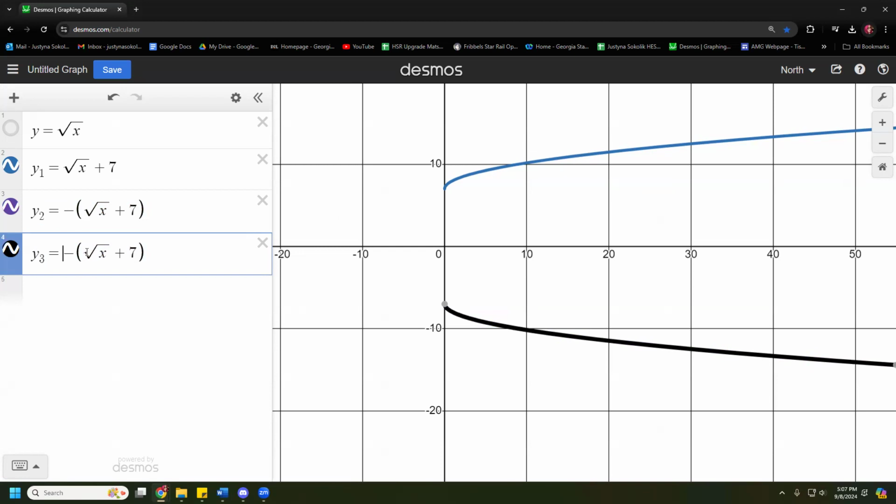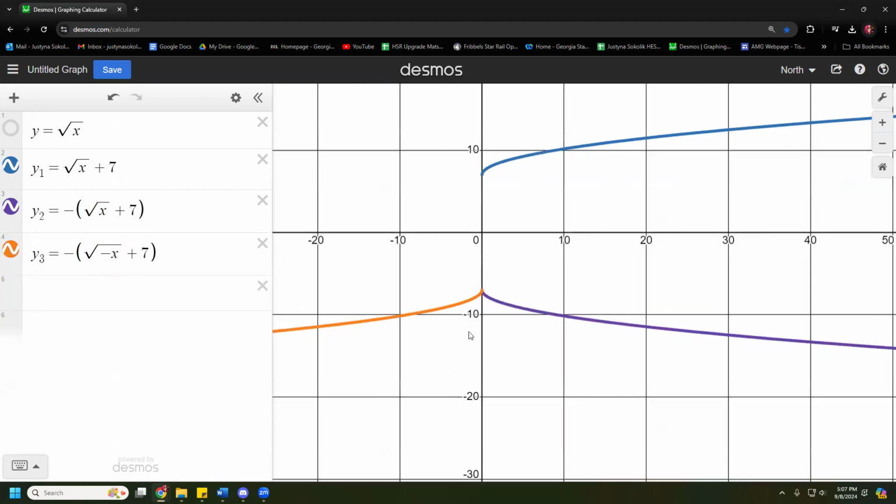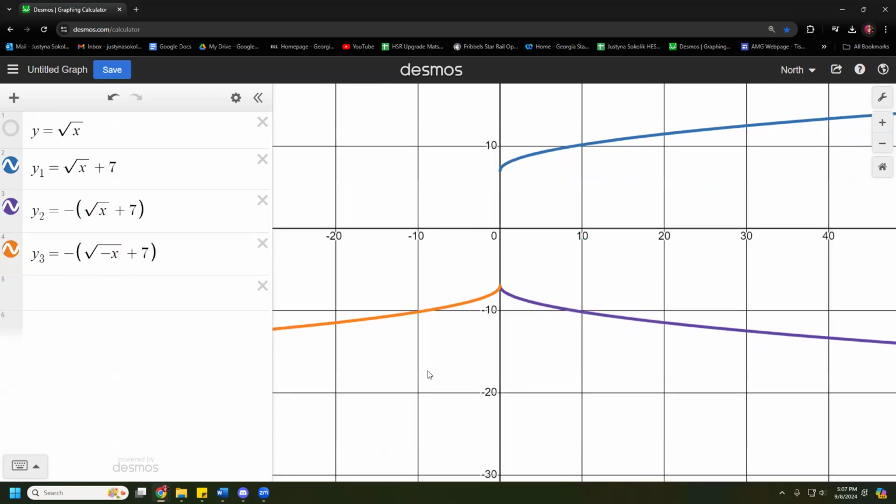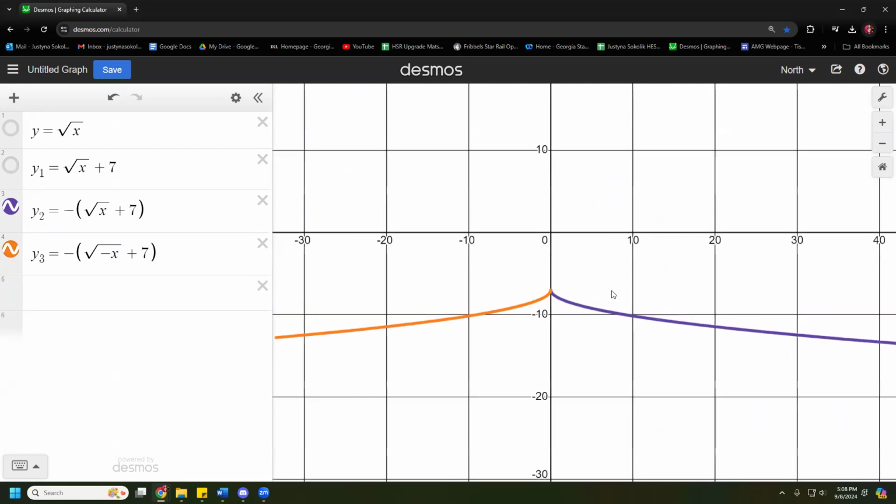So let me go ahead and change the subscript to 3, and we'll get ourselves a more interesting color than black. Yeah, why not? We'll do orange. I like that. So I need to put a negative, boom, right there. And perfectly, we can see that this purple, when flipped over the y-axis, lines up with the orange. I'll turn off the other one because it's not needed for right now.